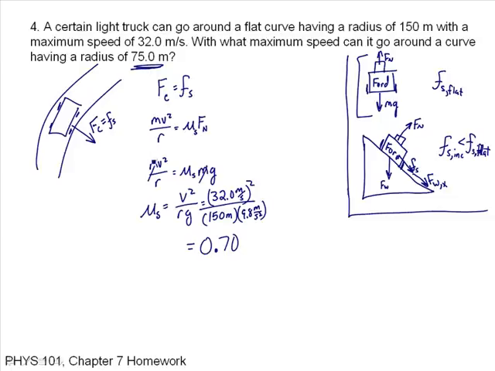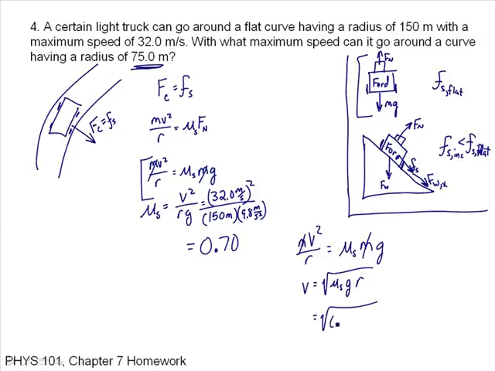So we can start with this equation right here. That is mv squared over r is equal to mu s mg. But now instead of solving for mu s, I'm solving for v. So my maximum speed is equal to the square root of mu s g r.